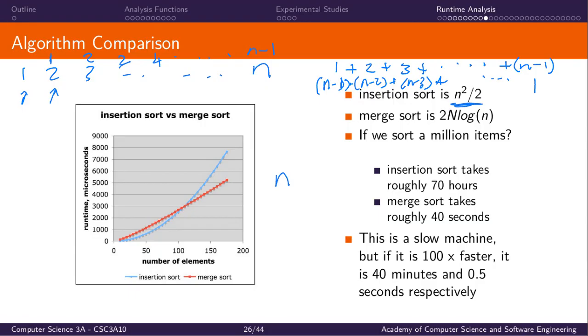There are n of these terms, so it's n multiplied by n, but I've added the sum to itself, so I divide by 2 to get the original value. And that's simply n squared over 2.